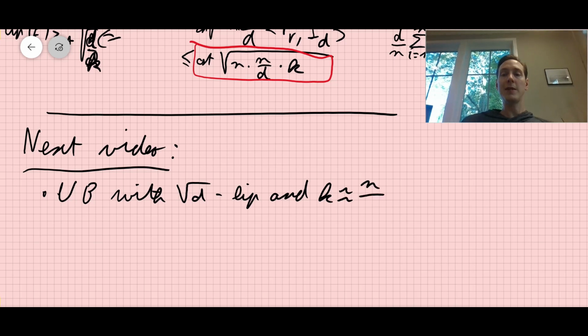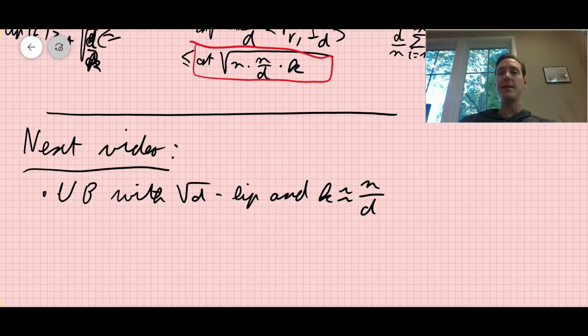Above, I told you in this optimal size regime, I only did it when n is of order d. So what I will do is generalize this calculation, of square root d Lipschitz, so optimal smoothness according to the conjecture for the optimal size, which is n over d, when n is d to the p, and p is an even integer.